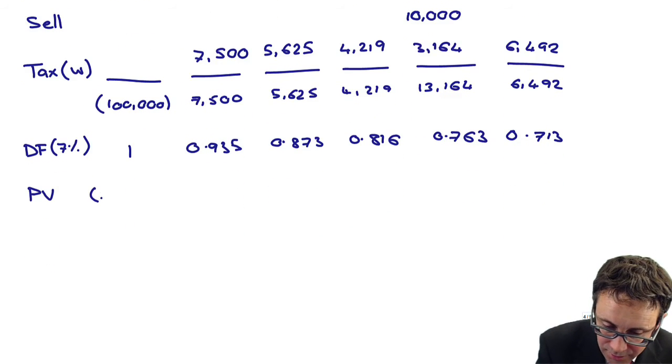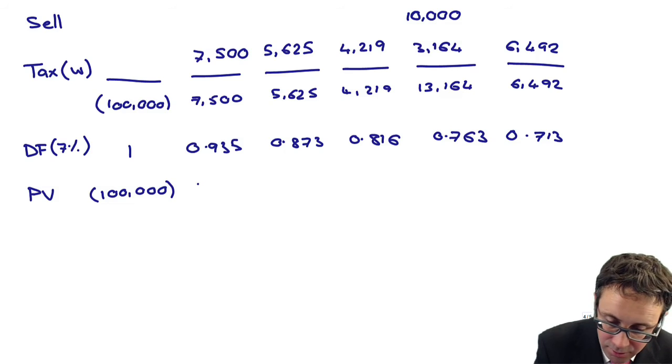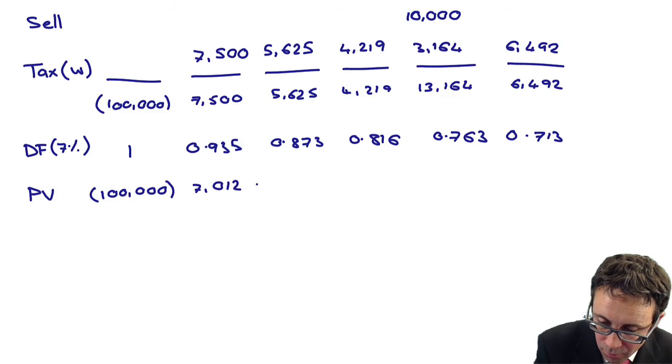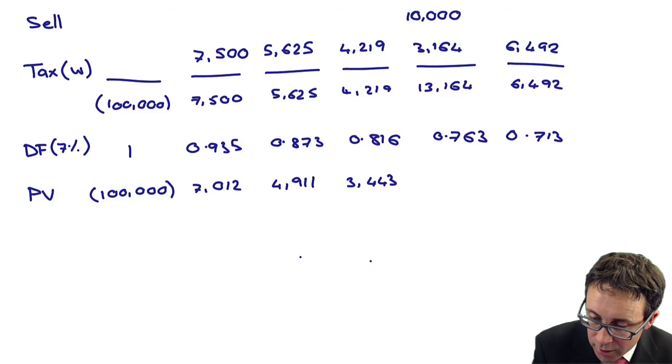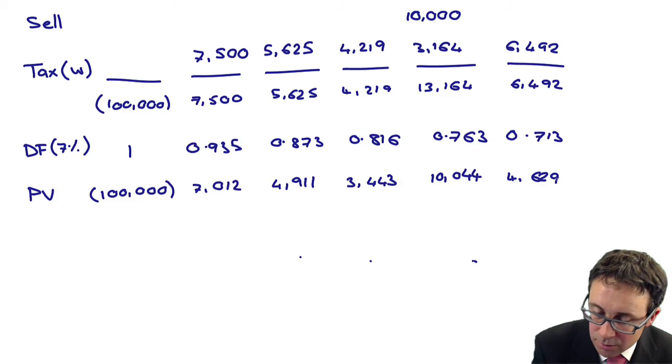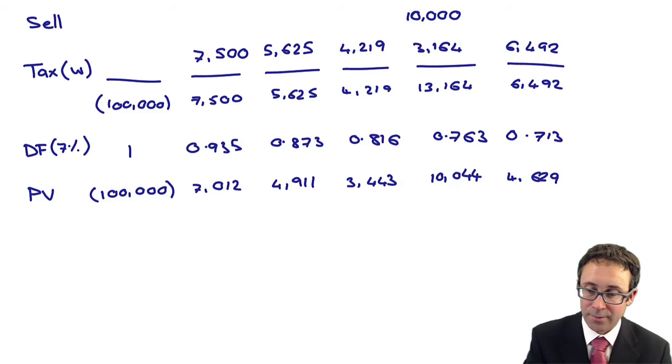Present values, again, tap away on your calculator. 100,000, 7,012, 4,911, 3,443, 10,044, and 4,629.